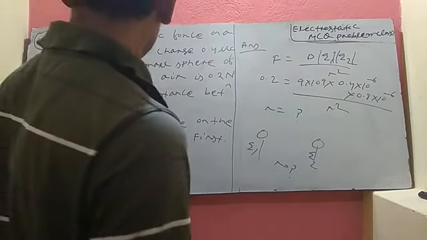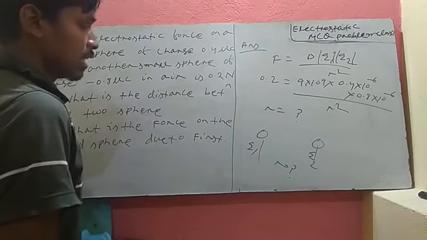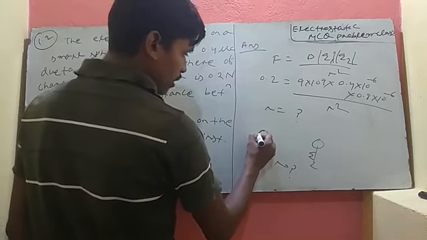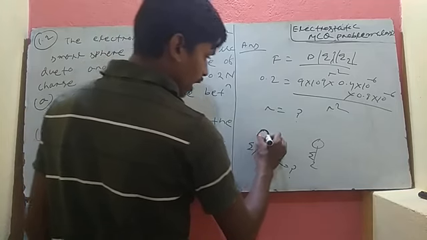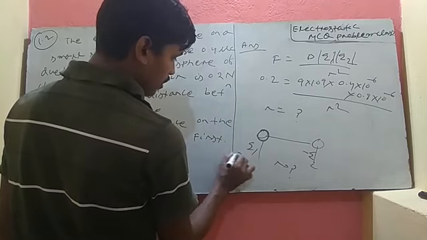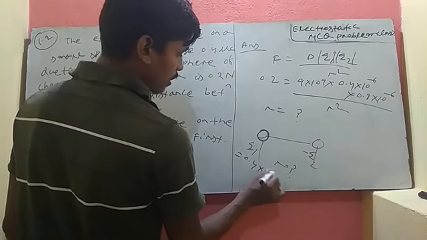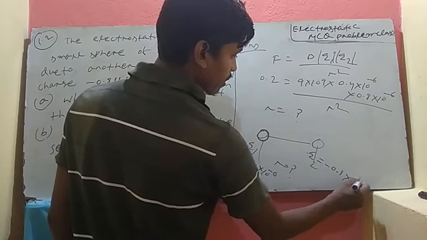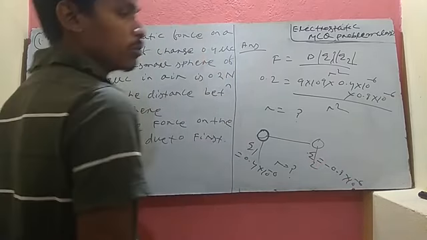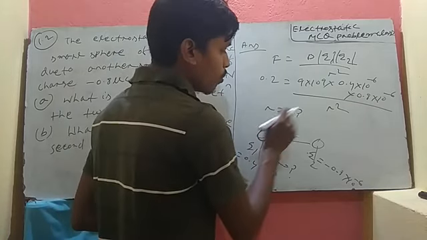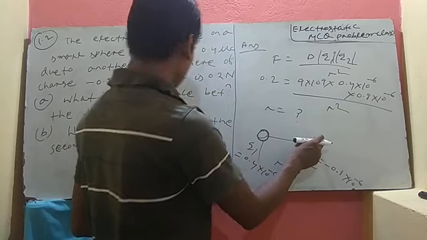The next question: what is the force on the second sphere due to the first? That means due to Q1. This is the positive charge, this is the negative charge, because Q1 is 0.4 into 10 to the minus 6, Q2 is minus 0.8 into 10 to the minus 6. Negative charge, positive charge, so the force between the two charges is attractive. Due to this charge, force acts on this.